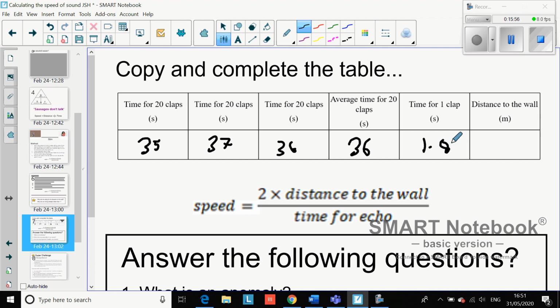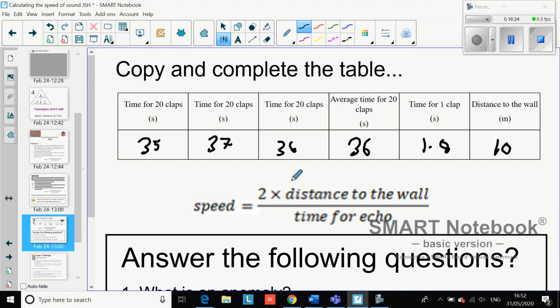seconds. So I can't draw with a pen like this on the screen. So 1.8 seconds. Now, we know maybe that our distance to the wall was 10 meters. Okay, so we can put that in. And then to work out the speed of sound, what we would do is 2 times the distance to the wall. Remember, it was there and back again.